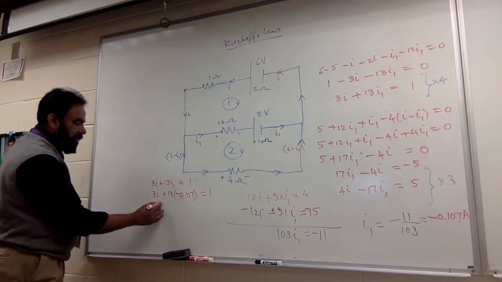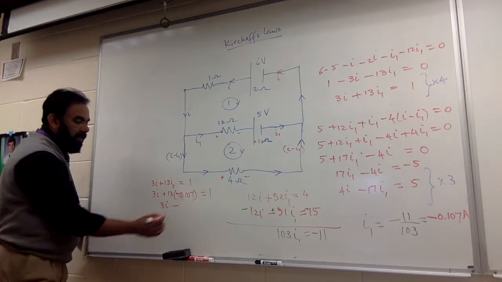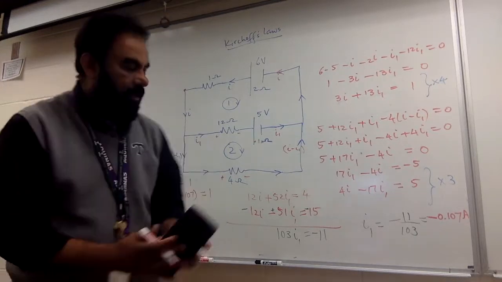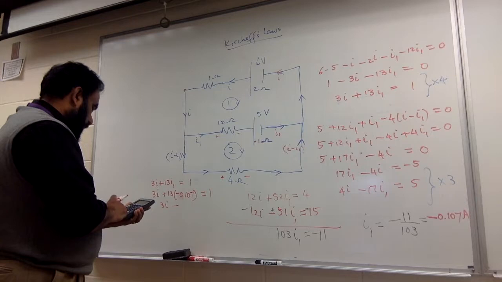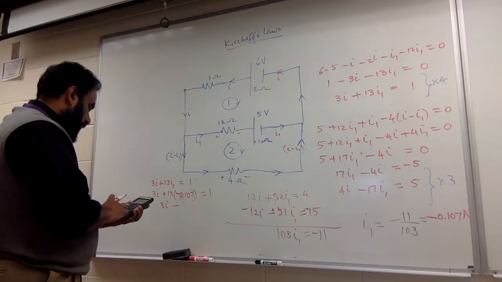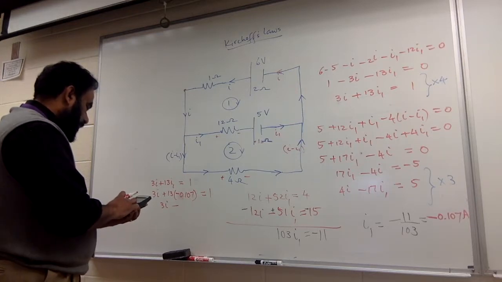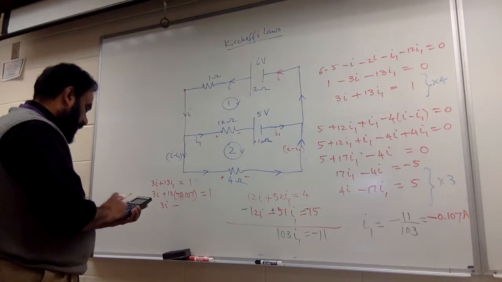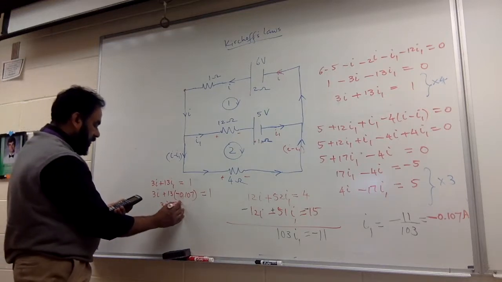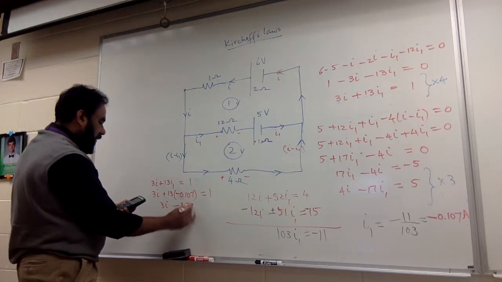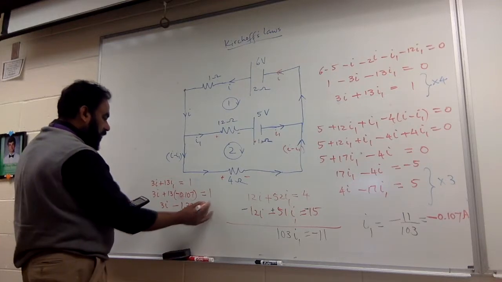So that becomes 3I minus 0.107 times 13, 1.391, is equal to 1.